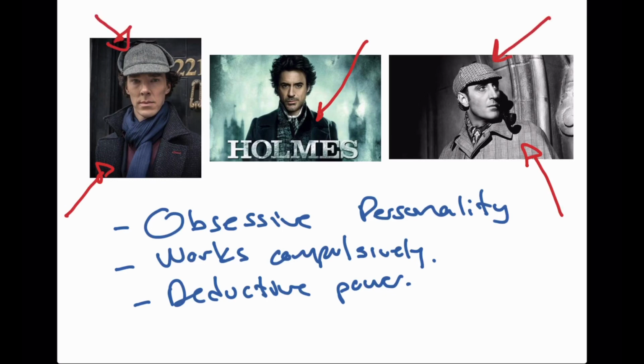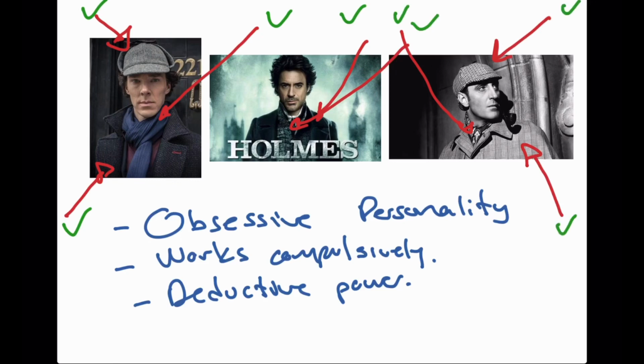So the three of them have a scarf in the clothing code. Those are characteristics that describe to the reader the character that is going through the story. All of this, the scarf, the coat, the hat, and the pipe, are characteristics besides the obsessive personality and the other two that I mentioned.